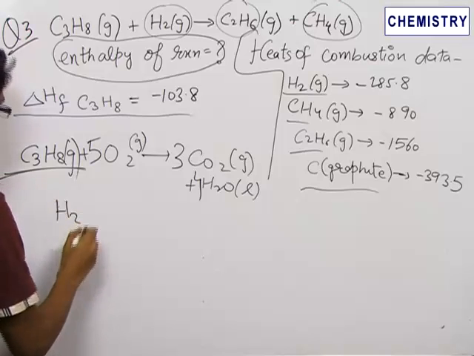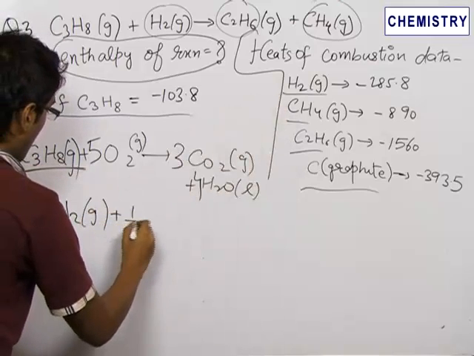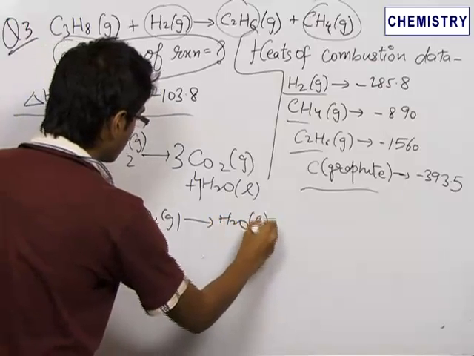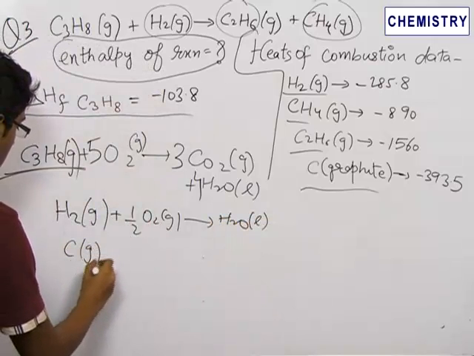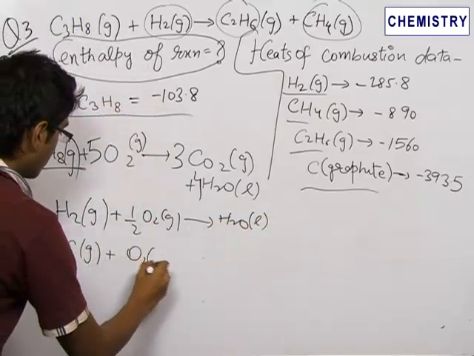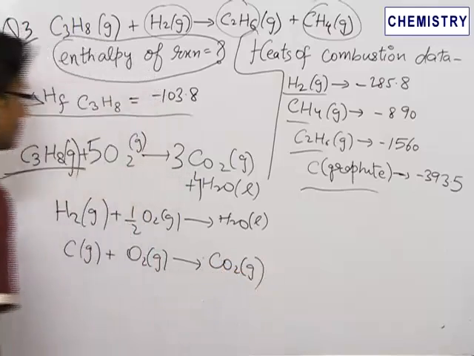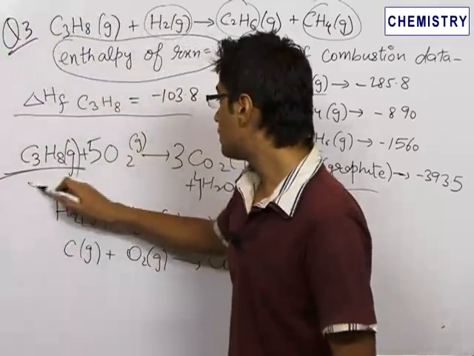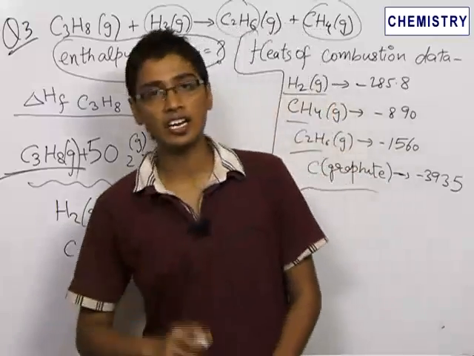What we have is the enthalpy of combustion of hydrogen: H2 plus half O2 gas giving water, and carbon plus oxygen giving CO2. Now another thing to remember is what the enthalpy involved in this reaction is, or for that matter in any reaction.